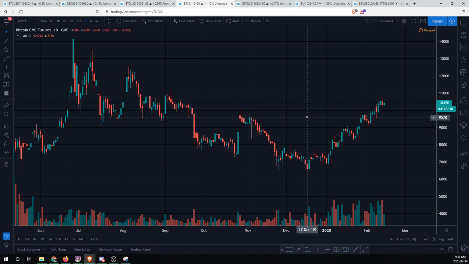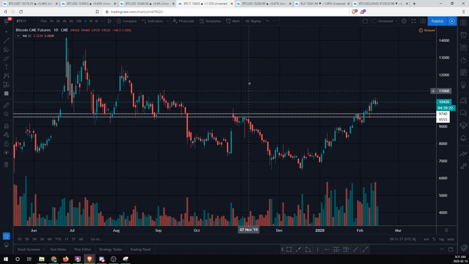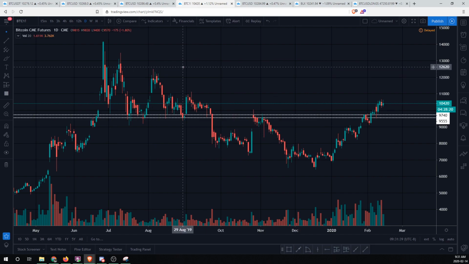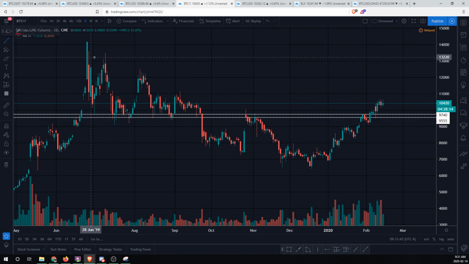And then also we're just going to draw our zones of demand and supply. So that's going to be our key demand zone that we're currently right above. I don't really have an anchor point for the end of 2017, so I don't really have any points that I can use for confluence at this zone.